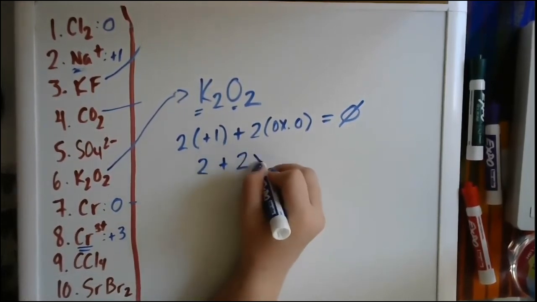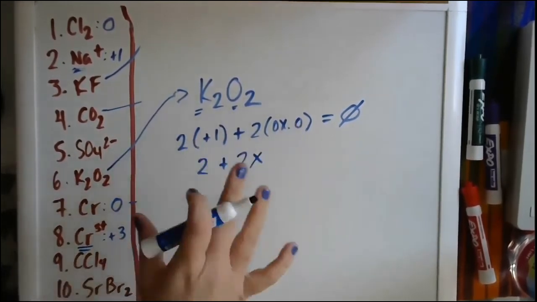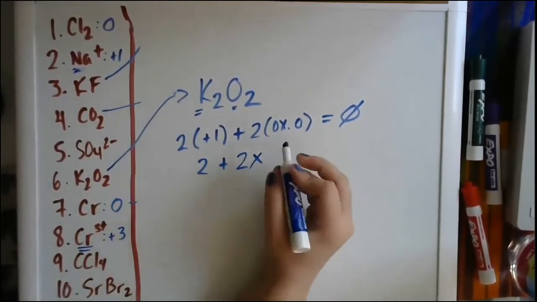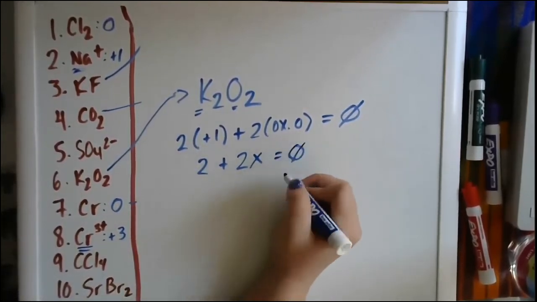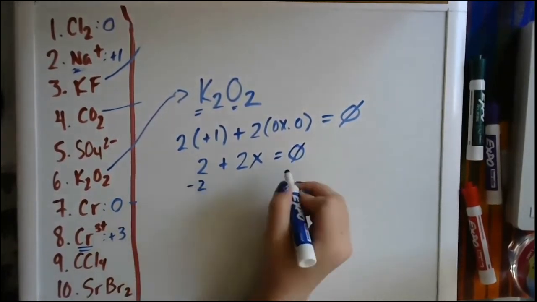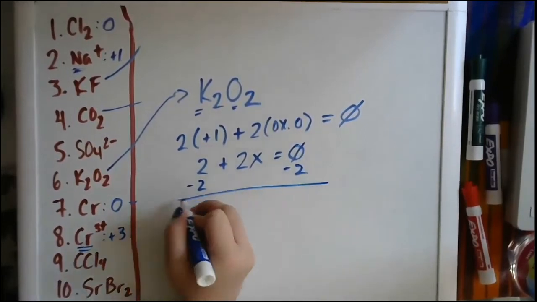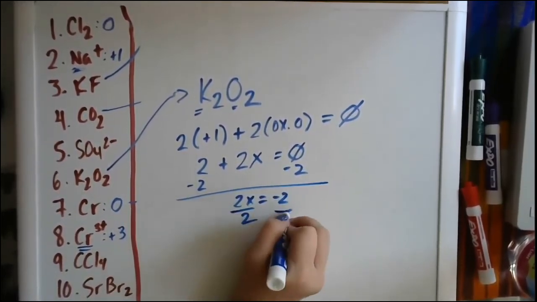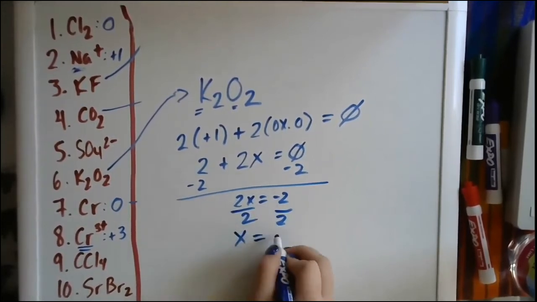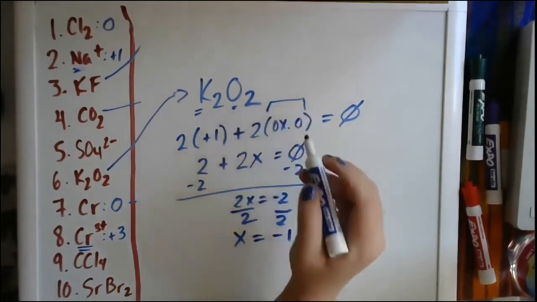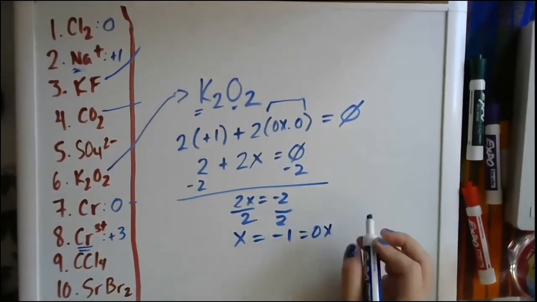We'll call this 2x just because that oxygen notation looks too much like a 0. So 2 plus 2x, when we add these things together, has to equal 0. So I'm going to subtract 2 from both sides. 2x equals -2. x equals -1. And in this case, x, remember, was the oxidation state for oxygen.